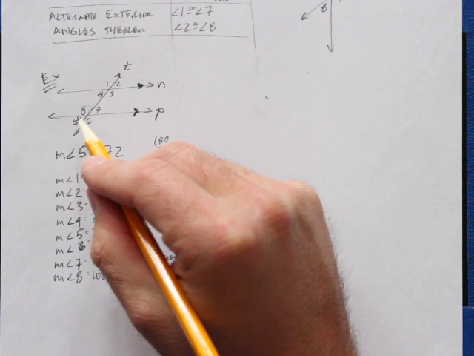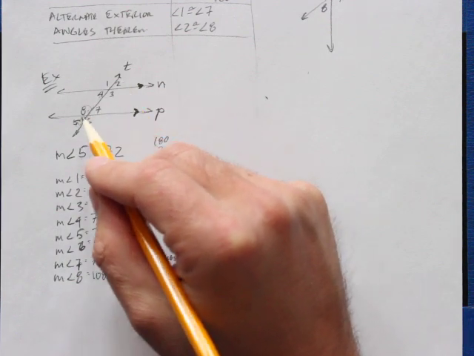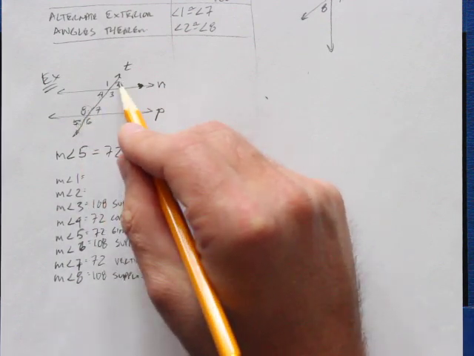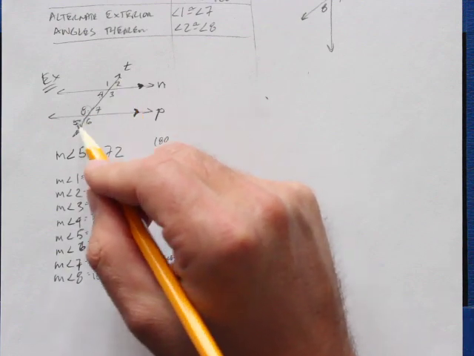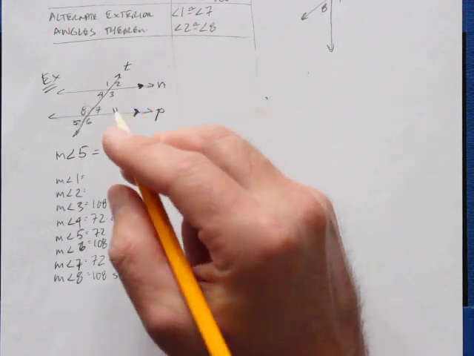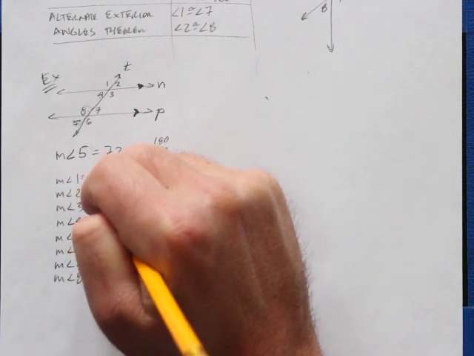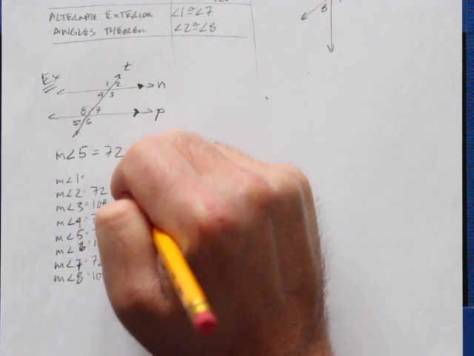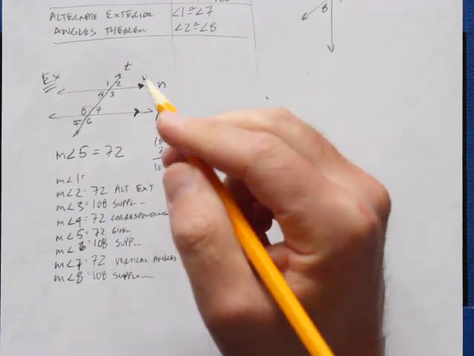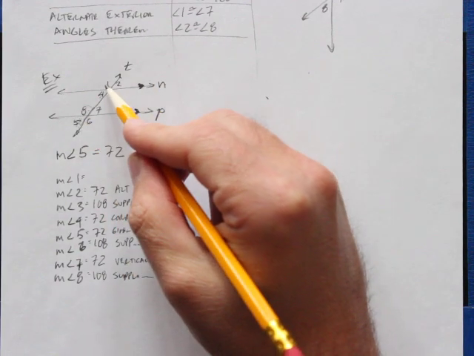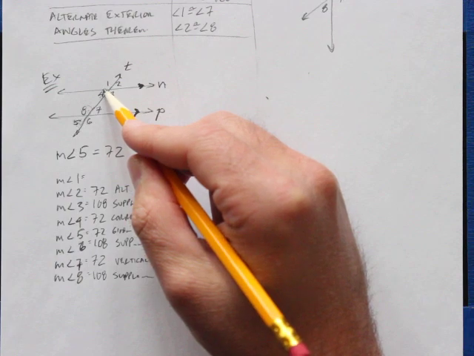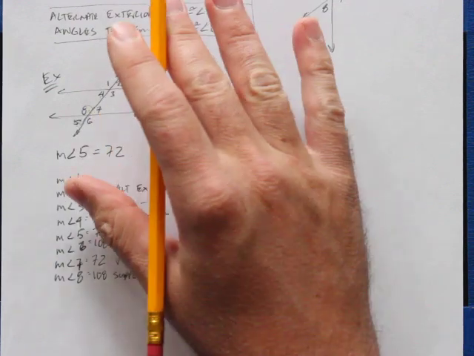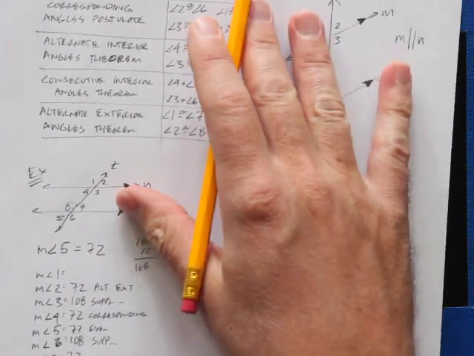5 and 2, these are alternate exterior angles. 5 and 2, they're both exterior. They're on opposite sides of the transversal. They are congruent. They are alternate exterior angles. And then 5 and 1, these are consecutive exterior angles, but we don't have a consecutive exterior angles theorem.